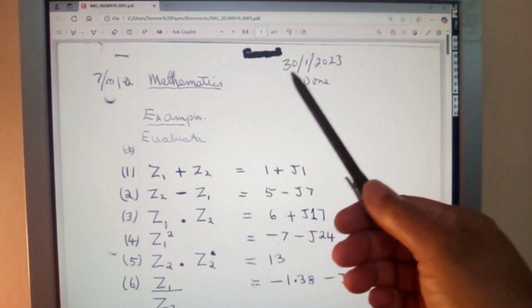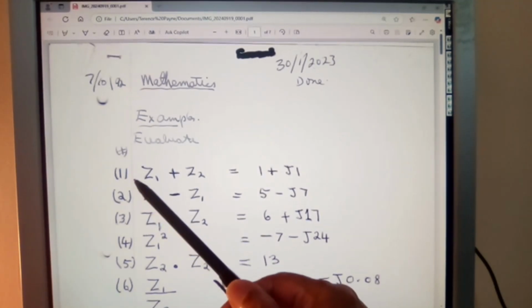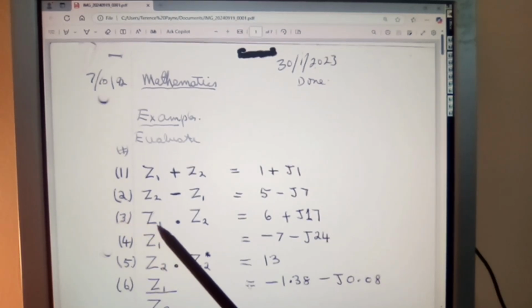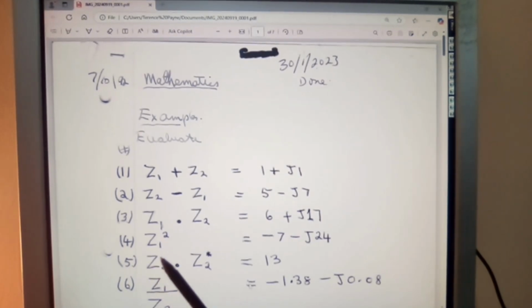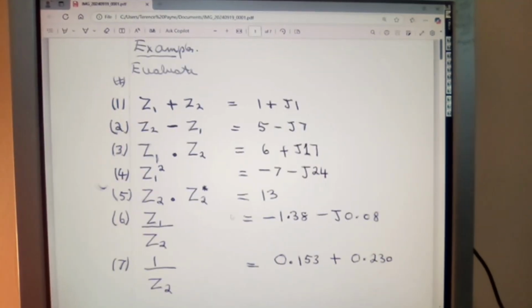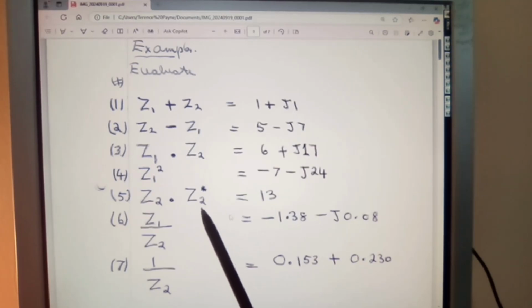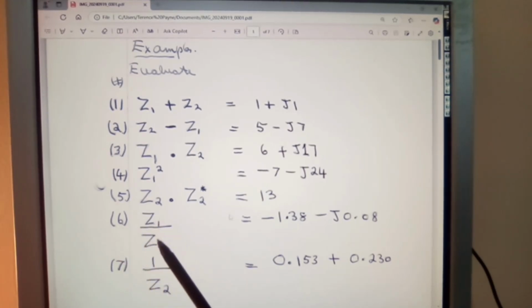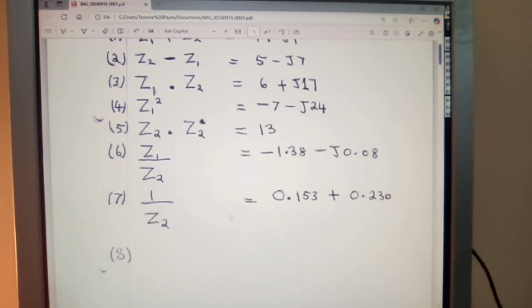Okay, evaluate. Now ignore the date. Yes, that's when I did it. Basically, delivering class. 1: z1 plus z2, 2: z2 minus z1, 3: z1 and z2, 4: z1 square, 5: z2 and z2, 6: z1 over z2, 7: 1 over z2.